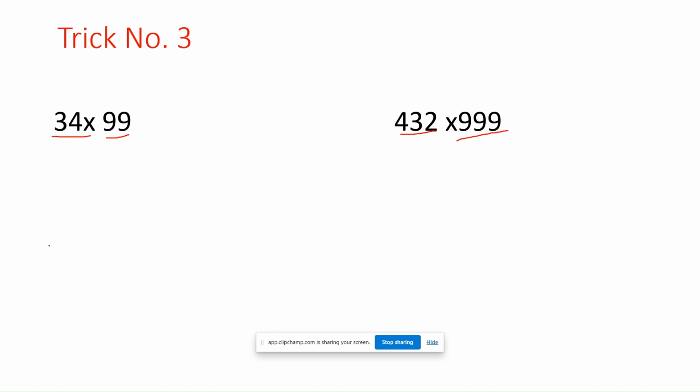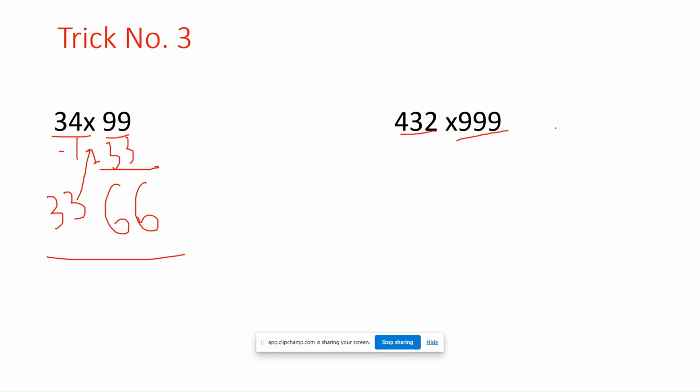First, whenever you get 34 into 99, first subtract 1. 34 minus 1 is how much? 33. This 33 you have to subtract from the 99. 9 minus 3 is 6. 9 minus 3 is 6. 3366 is your answer.